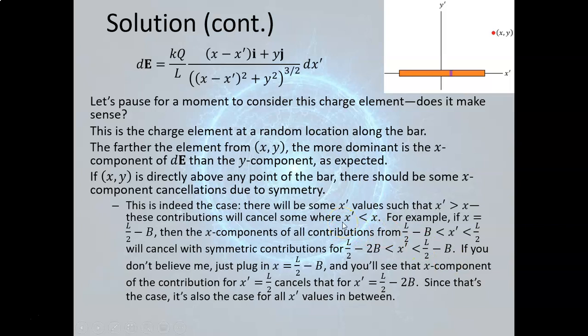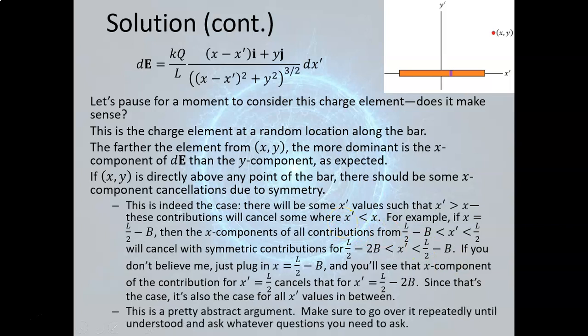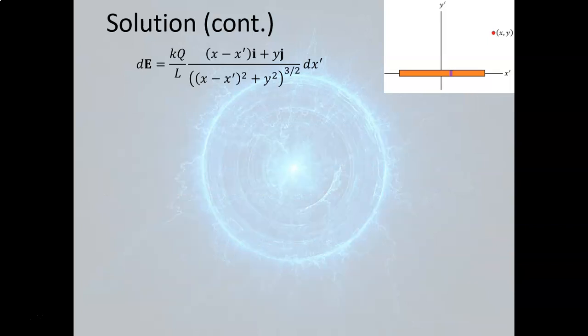All right. It's kind of an abstract argument, so you might want to go over it repeatedly or check the math for yourself to make sure that it works, but it turns out it does work.